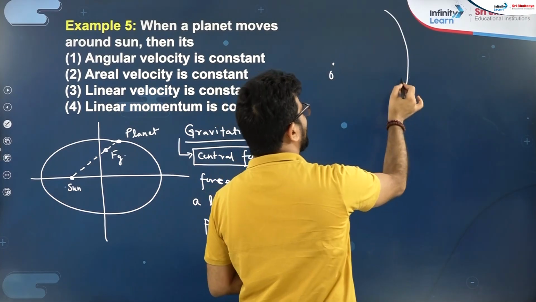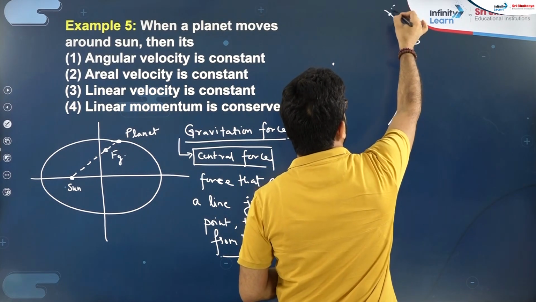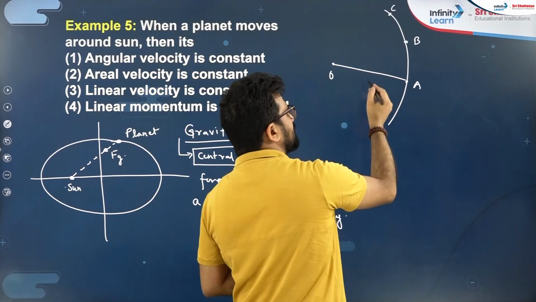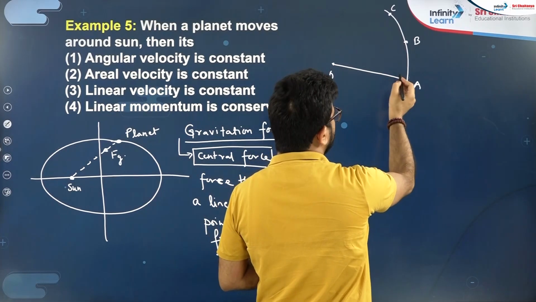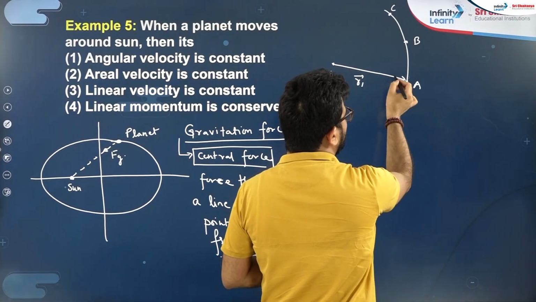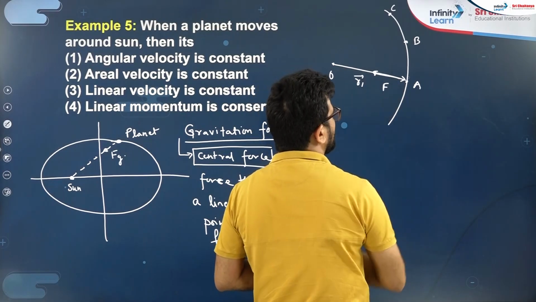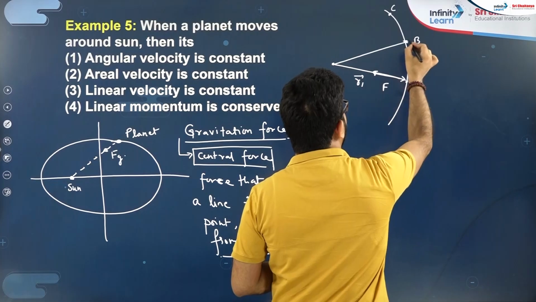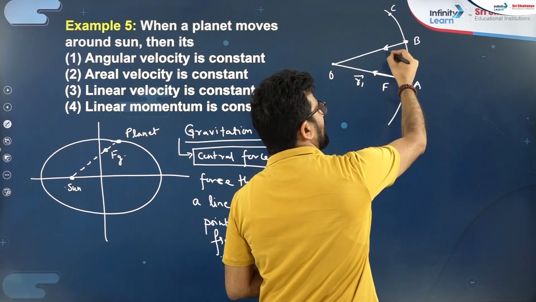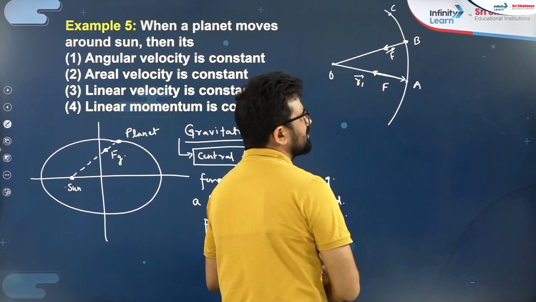Suppose the particle is at point A, or point B, or point C. At point A, this is the R vector, R1, and the force vector F is towards the origin O. When it reaches here, the force would again be towards the same point O. Then only we can say this is a central force.